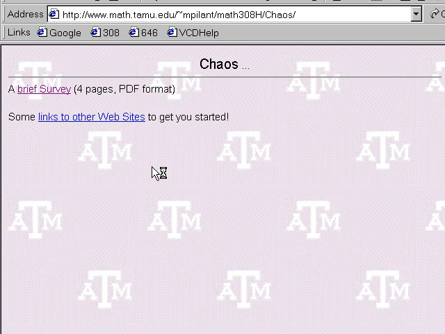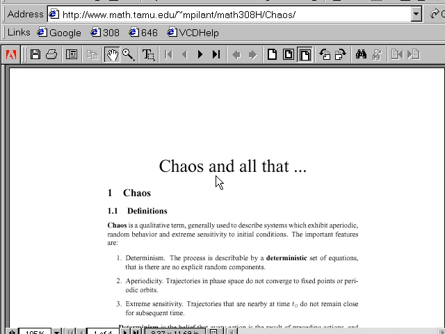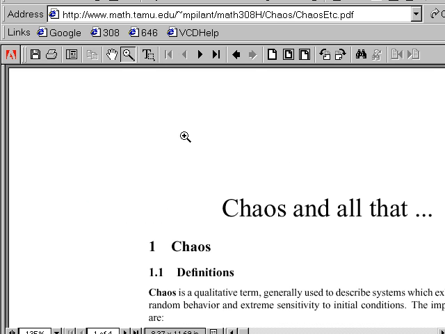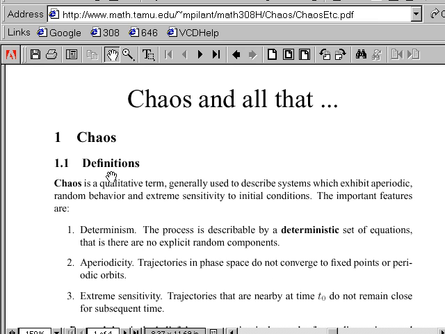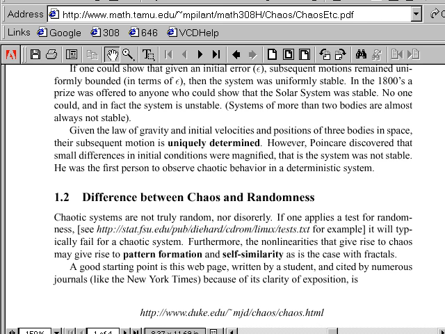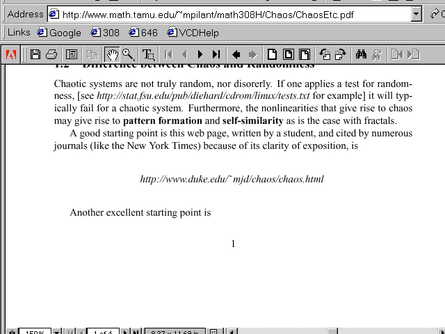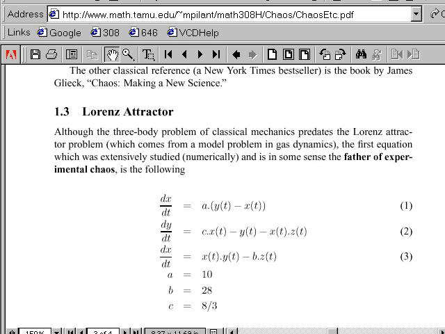I did this for a 308 differential equations class, engineering, fourth semester engineering calculus. And I put some links in, a little explanation of chaos for them. So in order to discuss what chaos is and periodicity and determinism, etc., I had to define some terms, and I put some links in here.